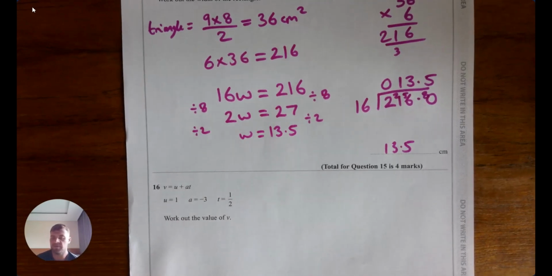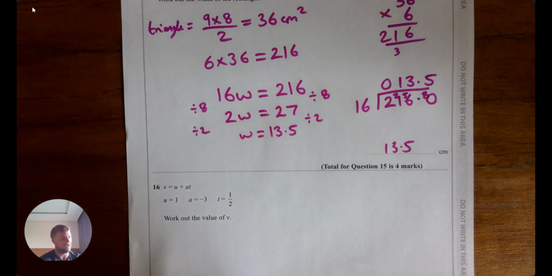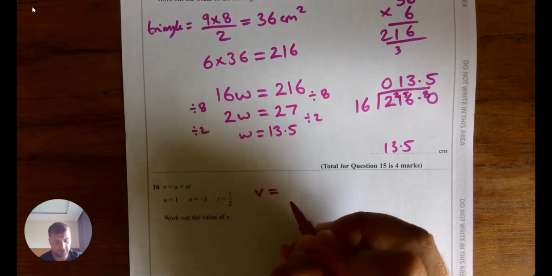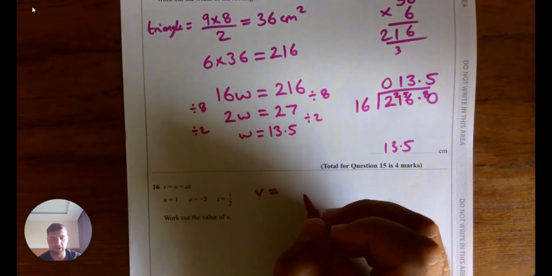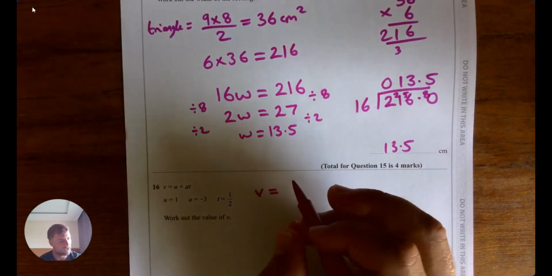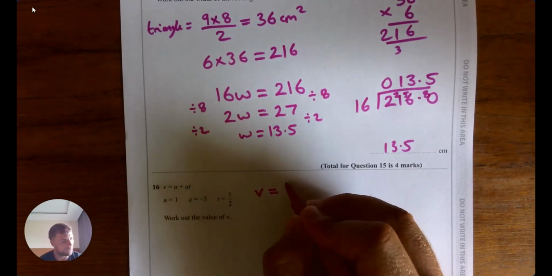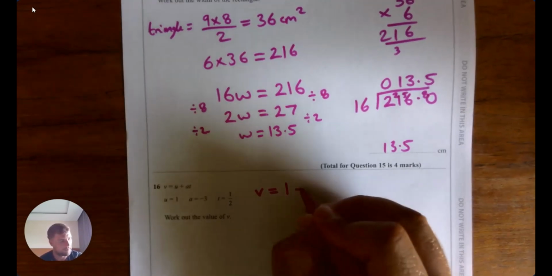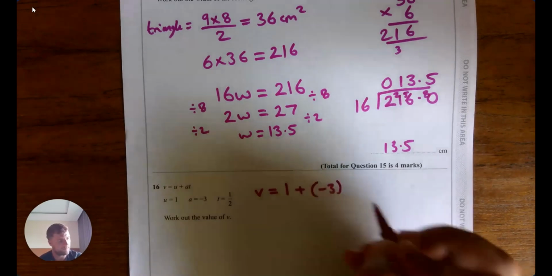Okay, next up we've got substitution. Question 16. V equals U plus AT. U is 1, A is -3, and T is a half. Work out the value of V. So we're going to write all this out. I really like to use brackets when I'm substituting, especially if I'm multiplying anything together or using negatives. So V equals U, U's 1, so by itself I just write 1, plus AT.